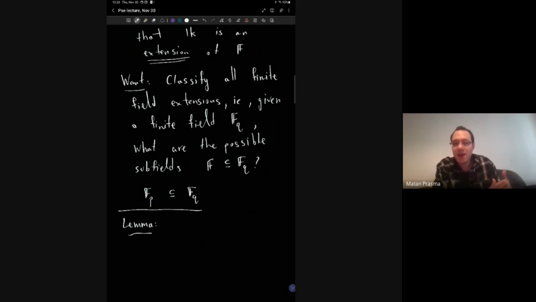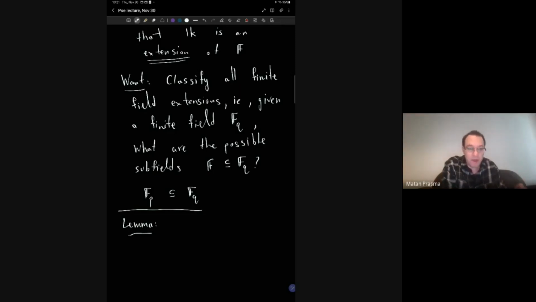And the classification was that every finite abelian group is a direct sum of cyclic groups. So this is considered the classification because it's a neat description of all objects of a given type. And the same goes for finite fields.